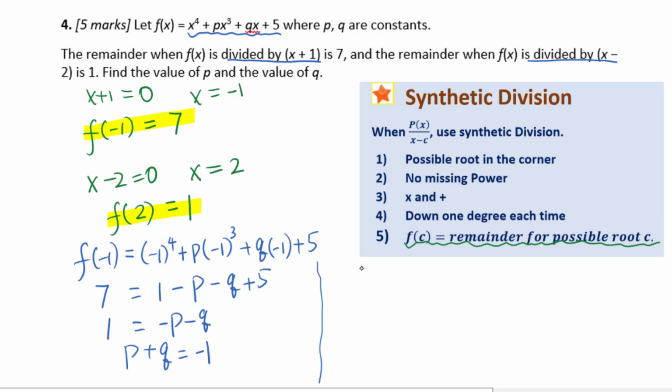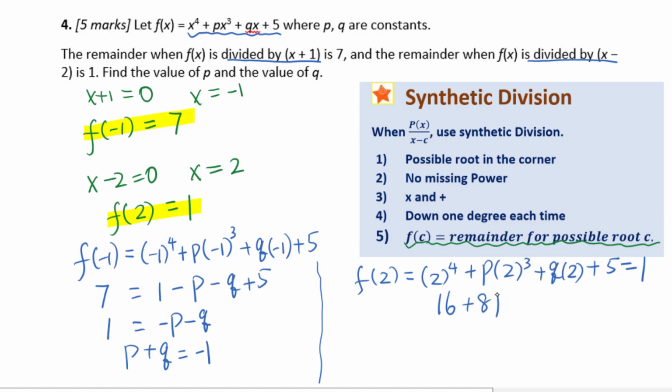For the second equation, f of 2 equals, plug in, 2 to the fourth power plus p times 2 to the third power plus q times 2 plus 5. That equals 1. 16 plus 8p plus 2q plus 5 equals 1.